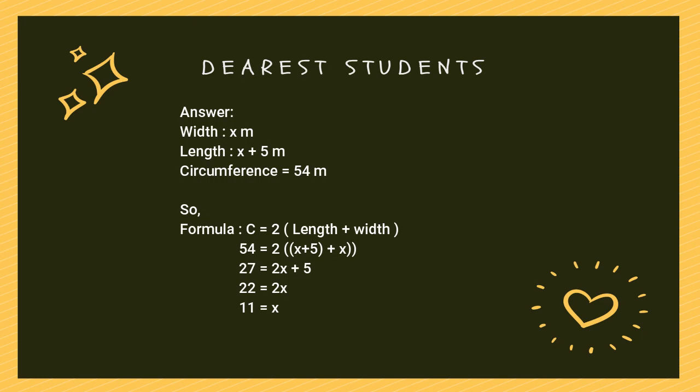Divide both sides by 2. 54 divided by 2 is 27, so 27 equals 2x plus 5. 27 minus 5 equals 2x plus 5 minus 5.